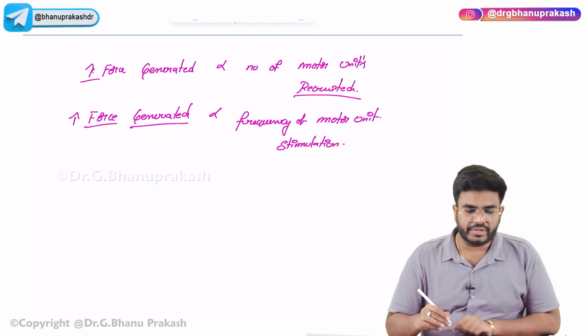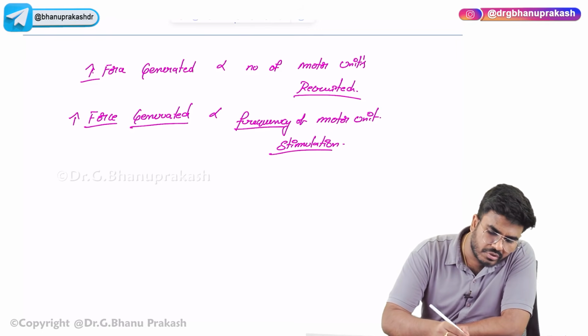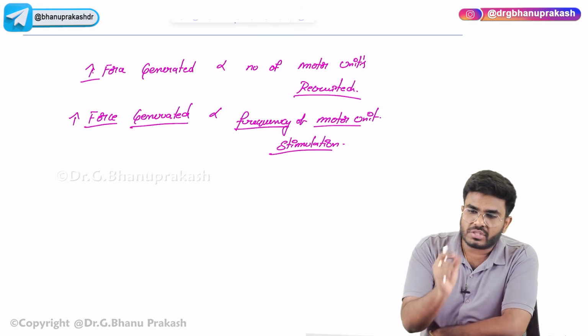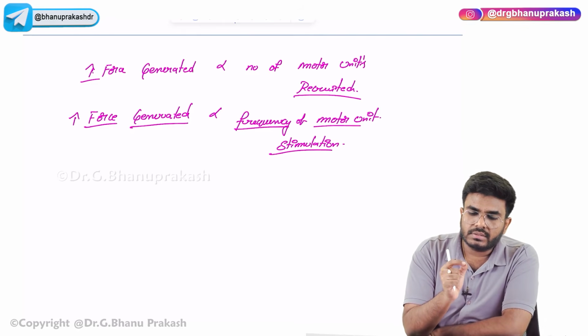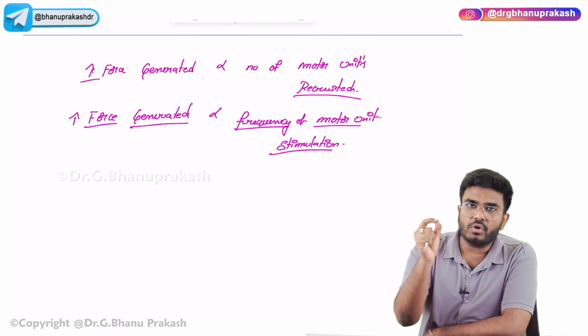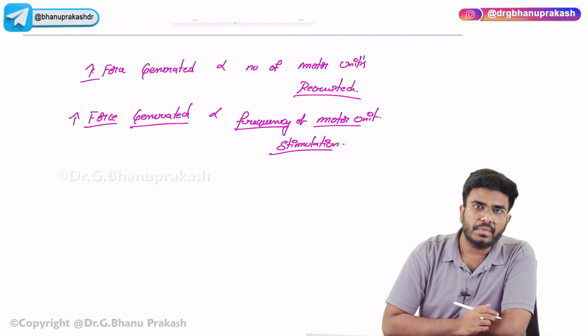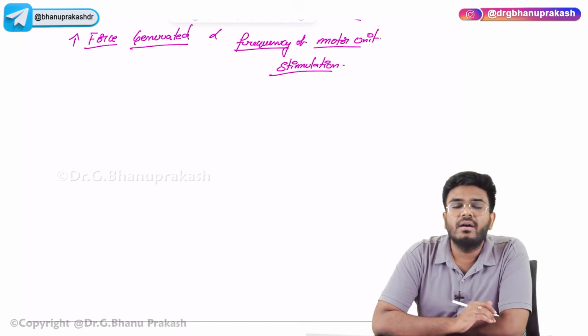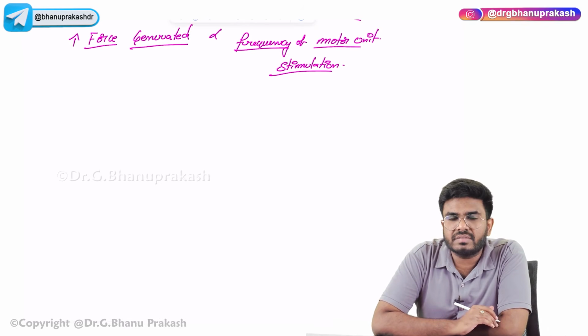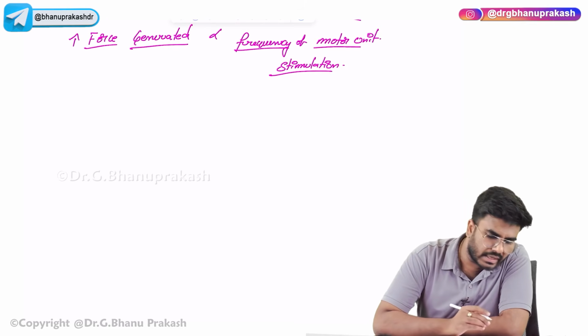The frequency of motor unit stimulation means the more times you stimulate a motor unit, the more the force generated by the muscle will increase. How? That I will explain to you in the 4 graphs, muscle twitch graphs, which may come up in your exam. Okay, there is a chance that they can come up in your exam.